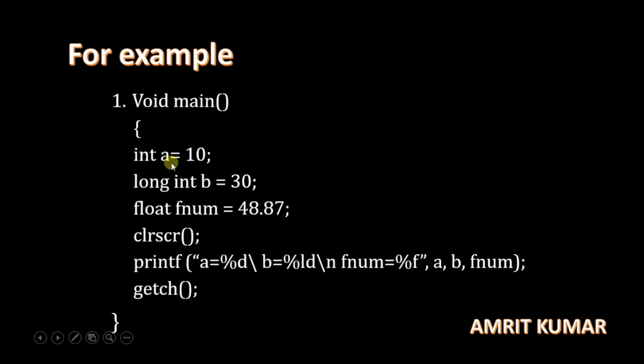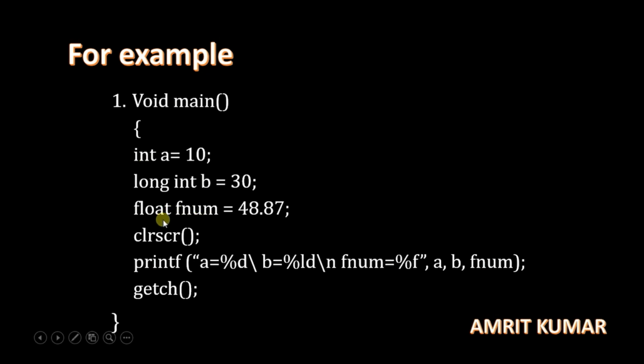I am using a variable whose data type is integer, so it will contain the size of 2 bytes, and it will store the value 10 here. So A contains 10, as well as B contains 30 of long integer, and long integer size is larger than the int.